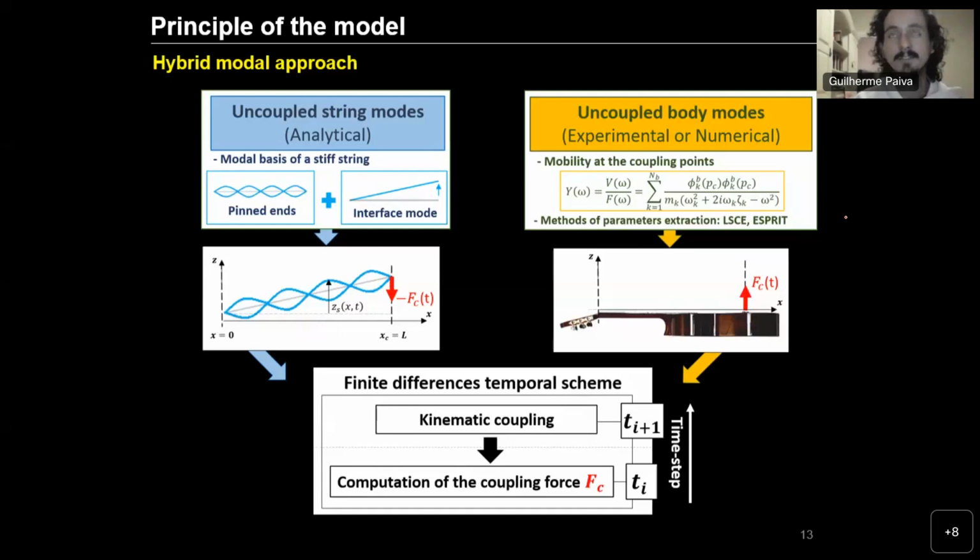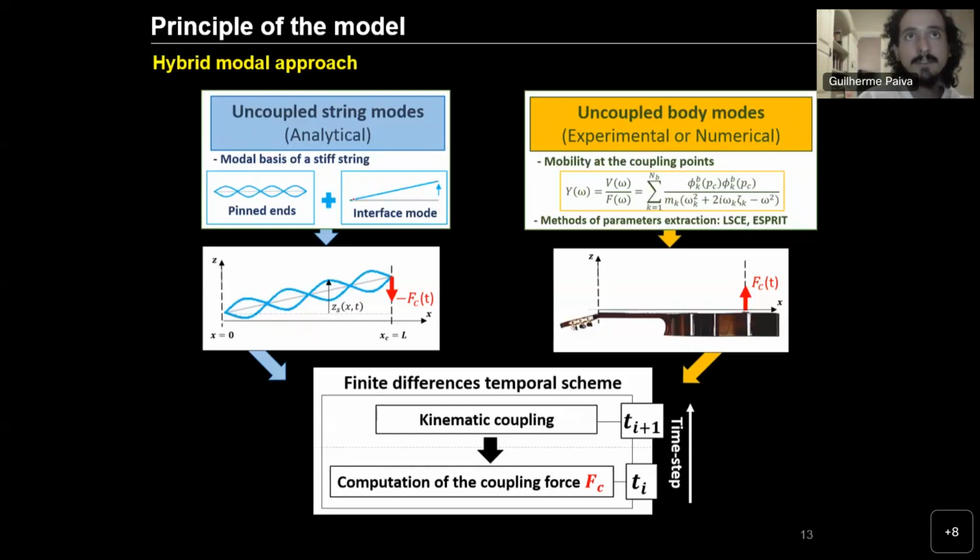So they are fixed. And the body modes, we can obtain them from an experimental modal analysis or a numerical modal analysis, okay? And for the string modes, we consider as the model basis the modes associated to the string with pinned ends here, plus an interface mode.